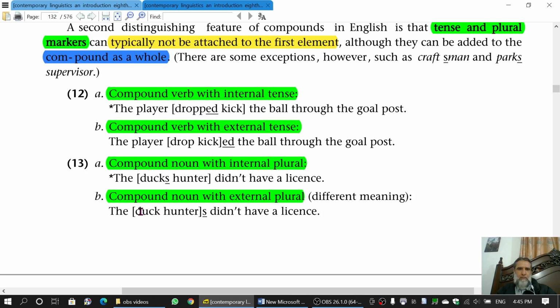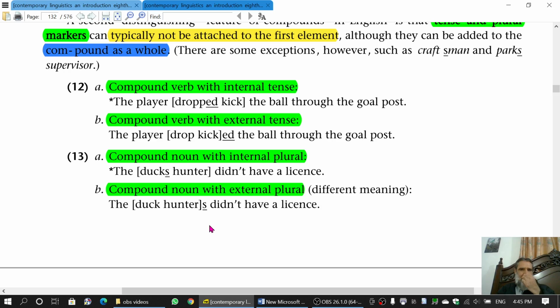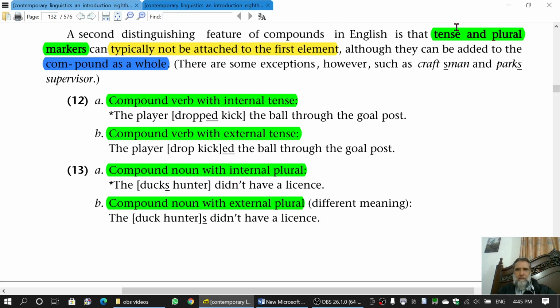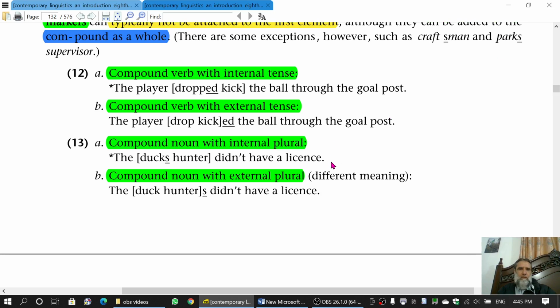Rather, we will use S with the whole of the compound noun to make it plural. So converting it into the past or into the plural, that's why we said tense marker and plural marker. So in this case, we say the duck hunters didn't have a license.